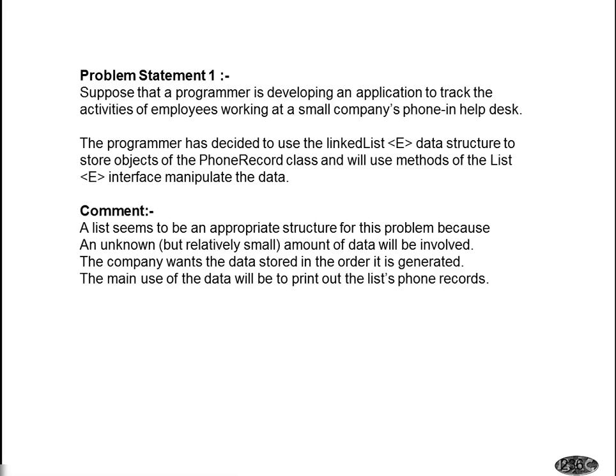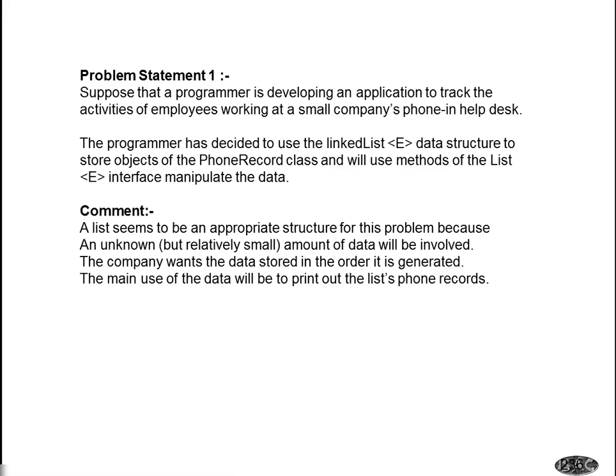The programmer has decided to use the linked list data structure to store objects of the phone record class and will use methods of the list interface to manipulate the data. Is it a correct approach? If it is not a correct approach, then what should we do?